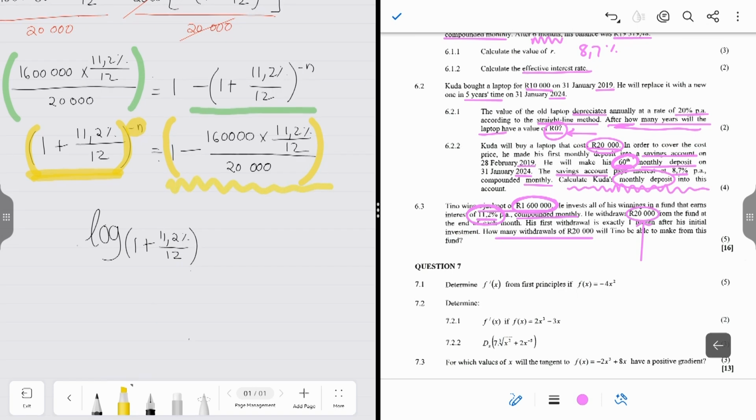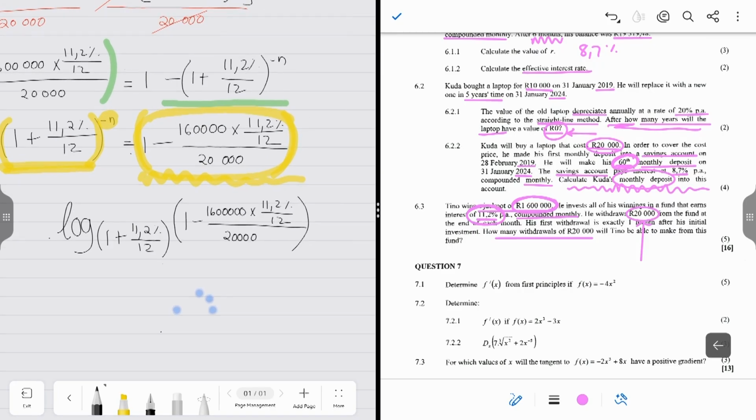So you're going to put a bracket here, 1 minus, and you're going to put that in there. Can you see I didn't put anything in the calculator yet? However, if this worked out nicely, this term over here, you could have put this into the calculator and worked it out. That would have been okay, right? And that over 12, all over 20,000. And our answer is going to be our n value, which is equal to negative n.